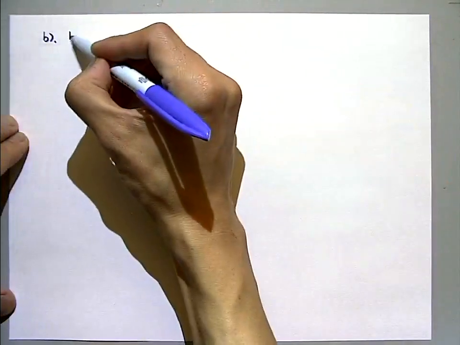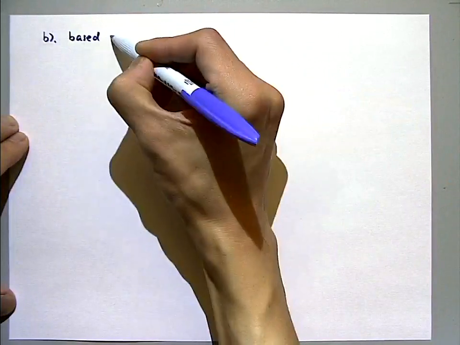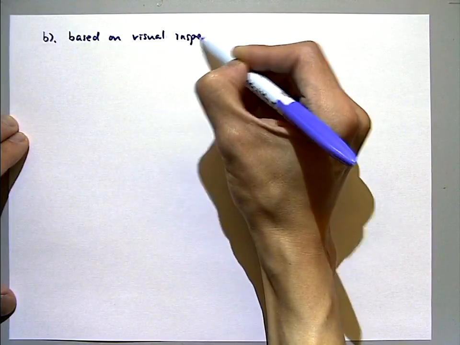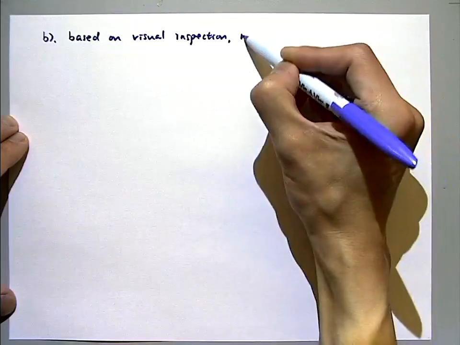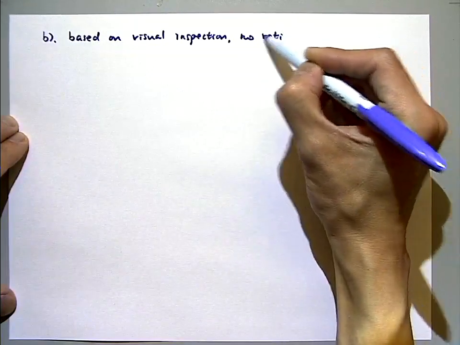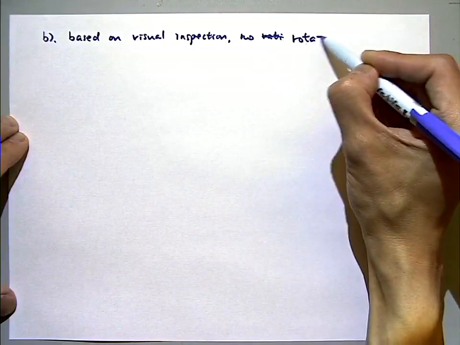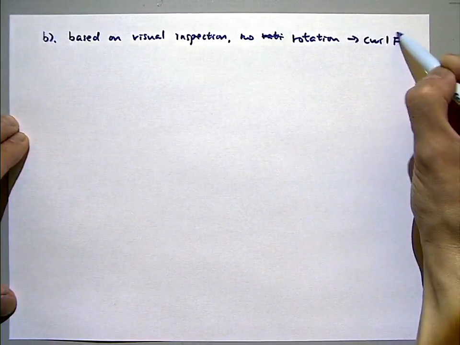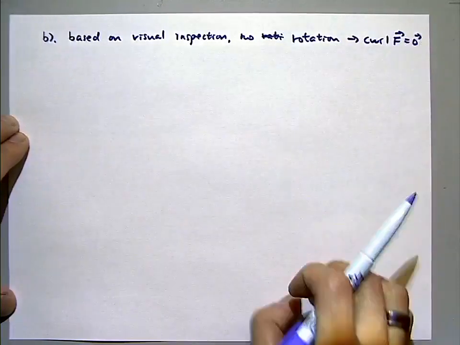There's no counterclockwise. There's nothing that looks like a hurricane in that vector field. Right? We're looking for a hurricane-like thing. We don't see that. It's just things moving away from a point. So based on visual inspection, no rotation probably means curl is equal to 0.